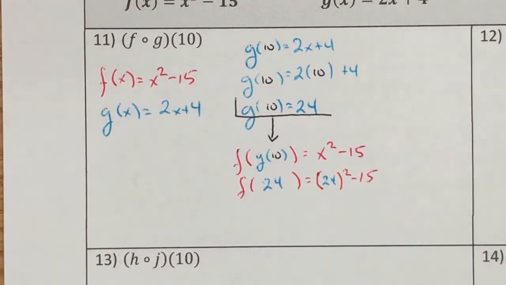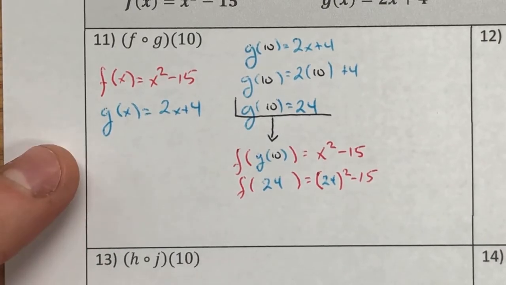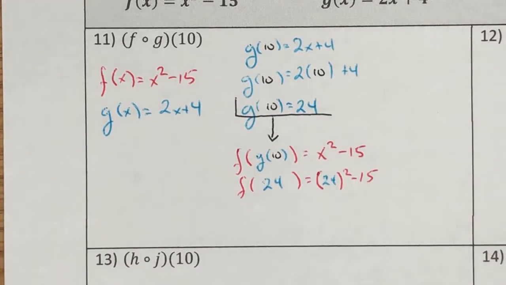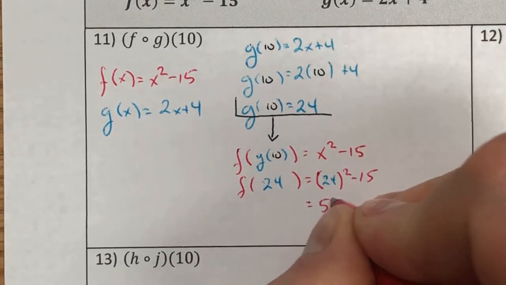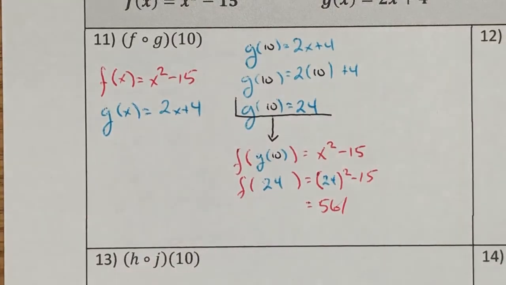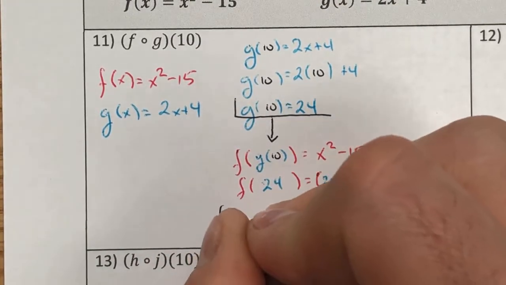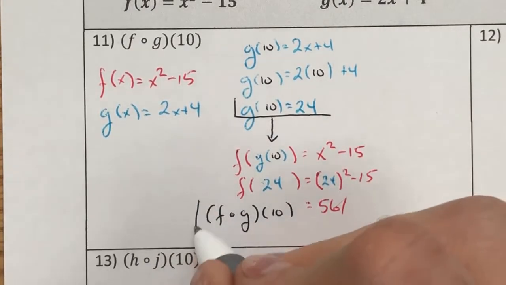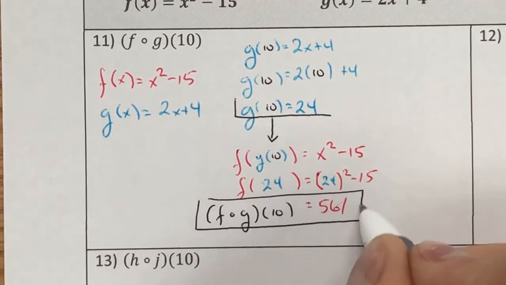Okay, so 24 squared is 576, so let's write that out. 576 minus 15 is going to be, let's see, 561. So f of g of 10 is equivalent to 561.